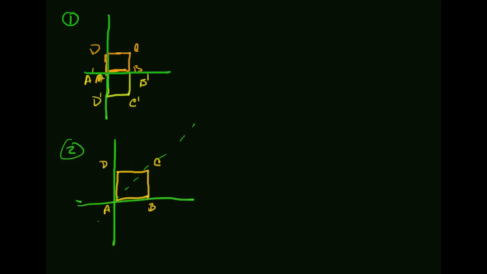So A is staying put. It's going to be A prime. C is going to stay put. It's C prime. But D becomes B prime and B becomes D prime. So yes, the square stays in the exact same location, but it flips over that axis. So the D and the B would be in different locations.